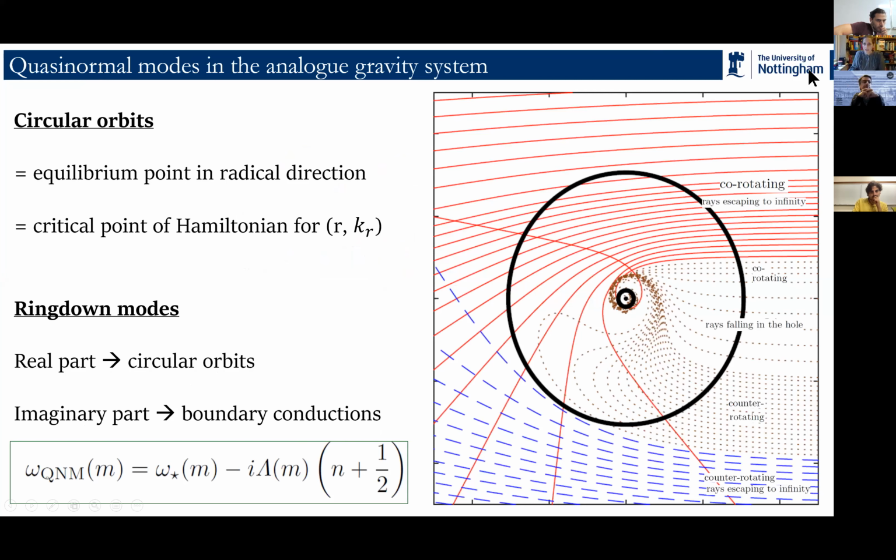Okay, so I think all of you know this very well, so I don't need to say much about this, but just to be clear, what these light rings or circular orbits are, they're boundaries of things that can escape and things that fall inside. And depending on whether you're co- or counter-rotating to this rotating black hole, you get a different light ring. There is a counter-rotating light ring that sits far outside, and there are the co-rotating light rings that sit very much inside.